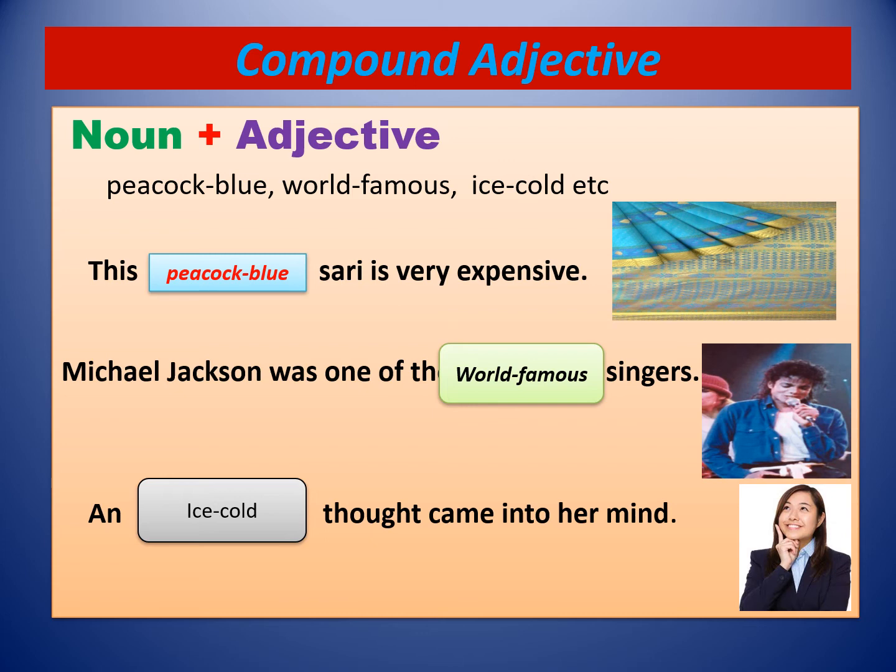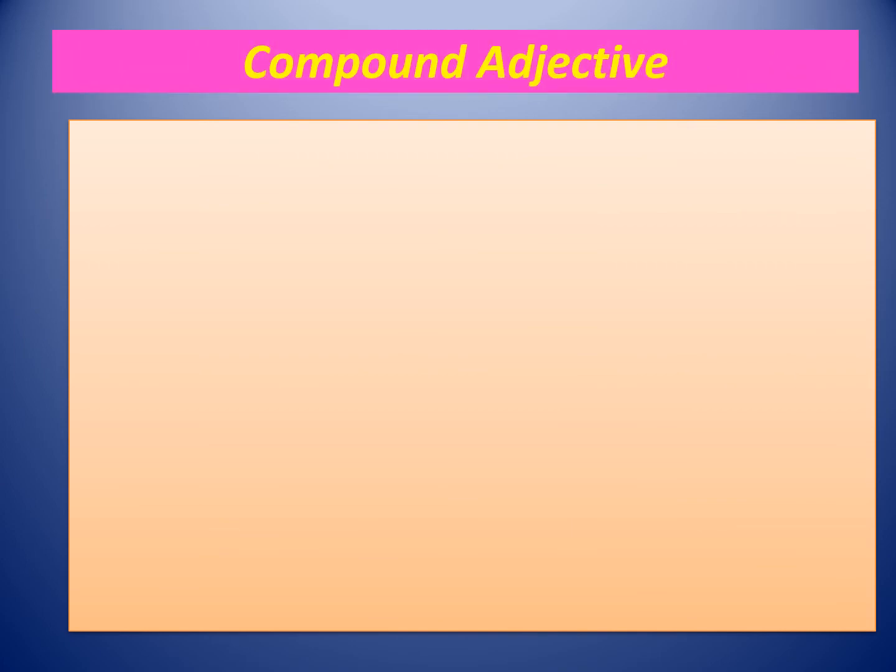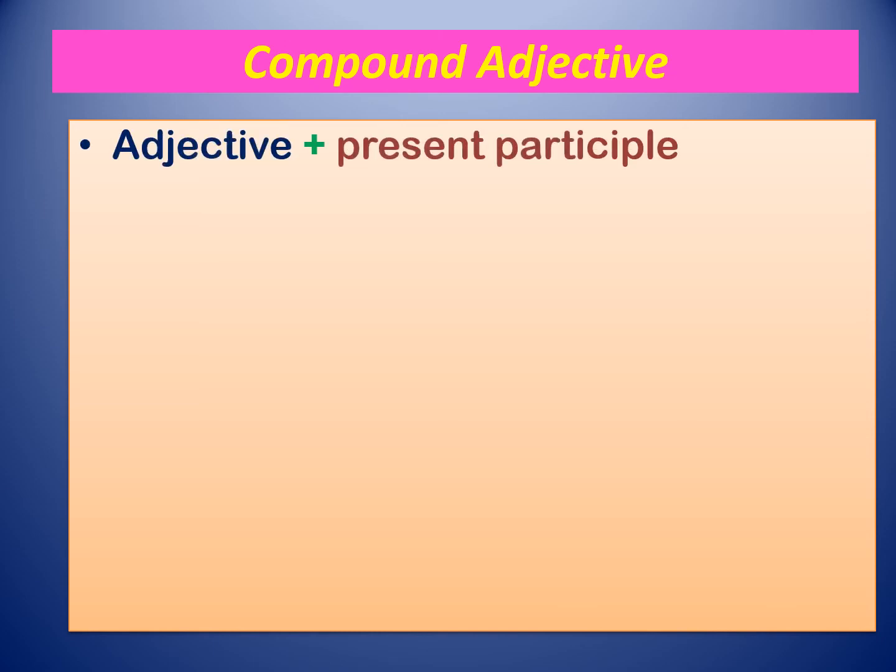Let us see another type. Students, let us see the next type of compound adjective. Compound adjective is formed with an adjective and a present participle. So all the ing forms are present participles.